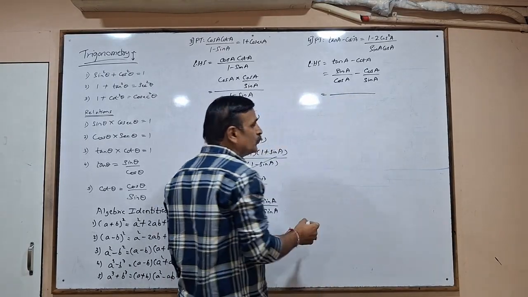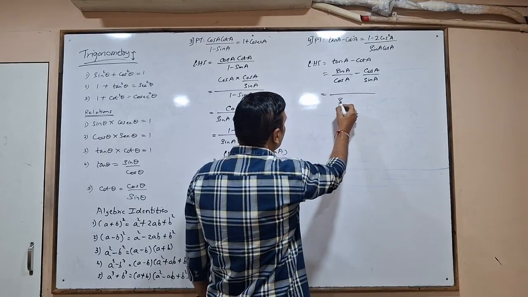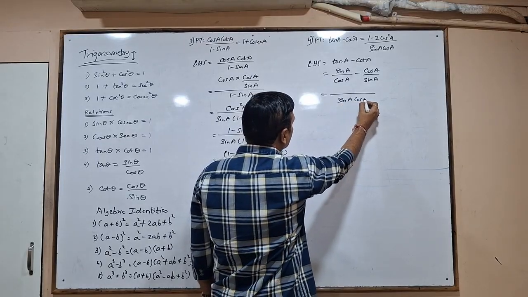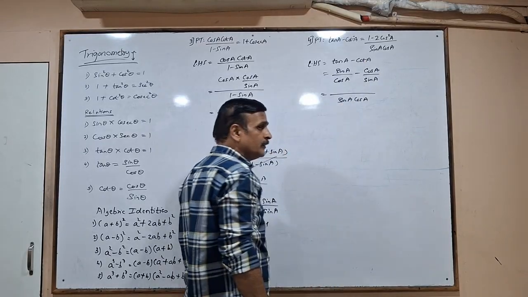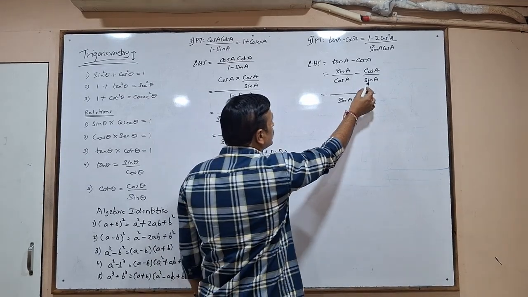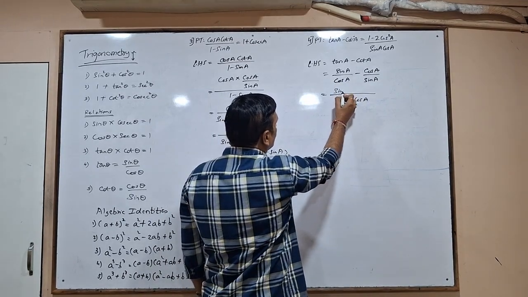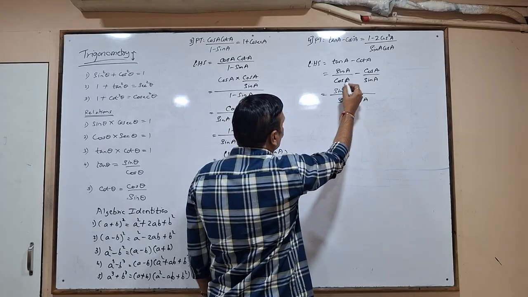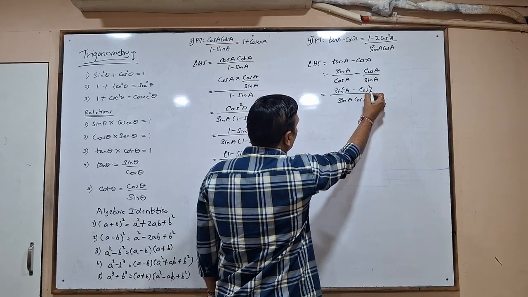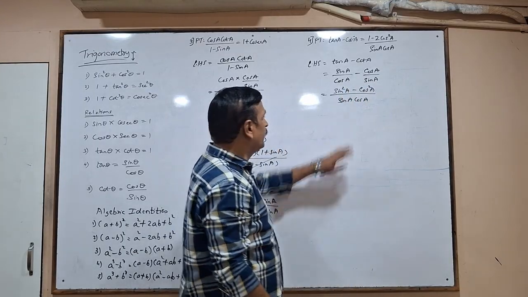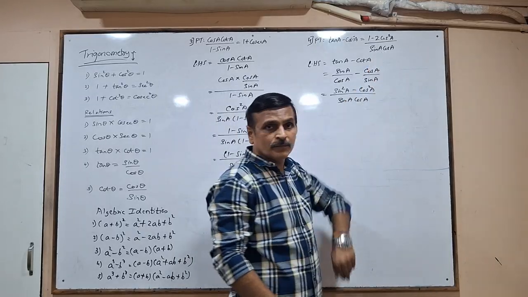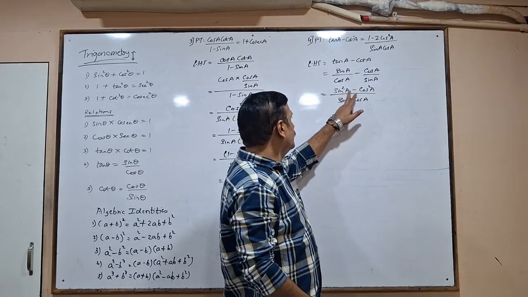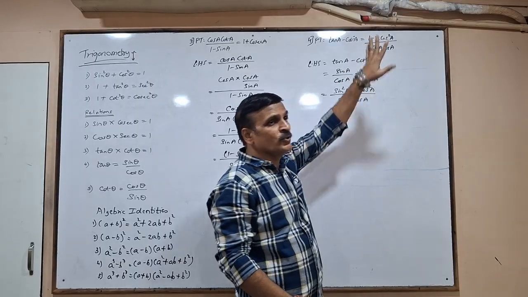The moment we take the LCM, we get the denominator which is desired in RHS. Numerator: sine into sine, sine square A, minus cos into cos, cos square. Now we have got the denominator. We want the numerator.